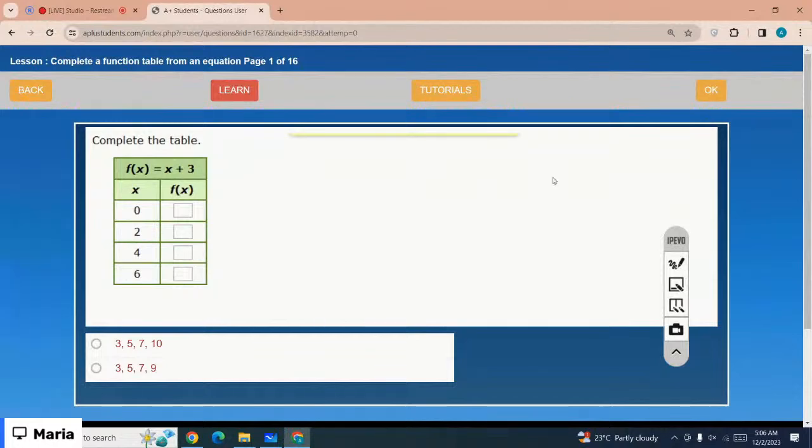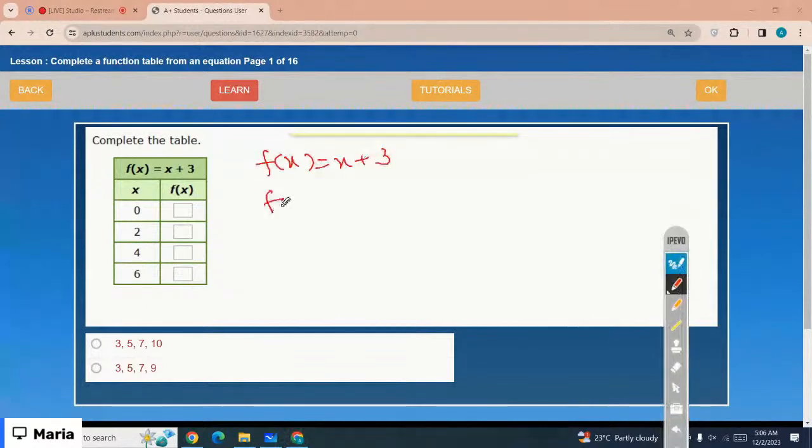So you have to evaluate the function on x equals 0, 2, 4 and 6, right? Let's just evaluate for x equals 0. So f of 0 equals 0 plus 3, that is 3, right? Now you have to evaluate on 2. So that would be 2 plus 3. Just replace the x. 2 plus 3 is 5.